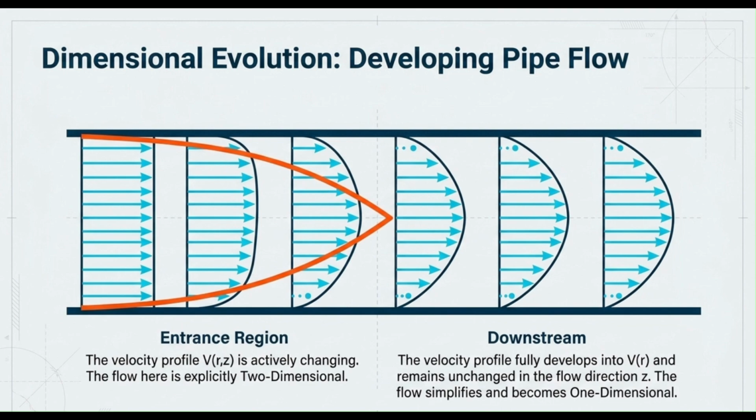At that point, the shape of the velocity profile no longer changes in the flow direction. The velocity mainly varies only across the pipe radius. So downstream, the problem becomes much simpler and often can be treated as one-dimensional in the flow direction with a fixed cross-sectional profile.